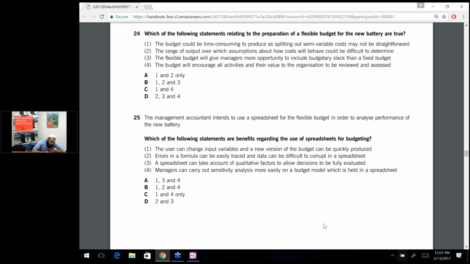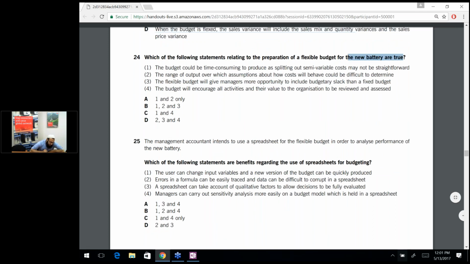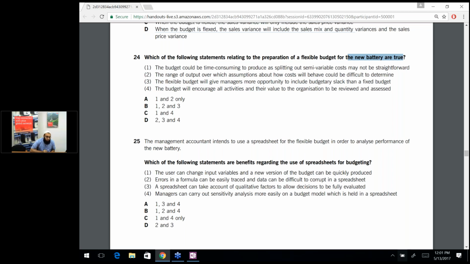Which of the following statements relating to preparation of a flexible budget for the new battery are true? Now once again, work smarter, rather than reading everything. The budget could be time consuming to produce, as splitting out semi-variable costs may not be straightforward.